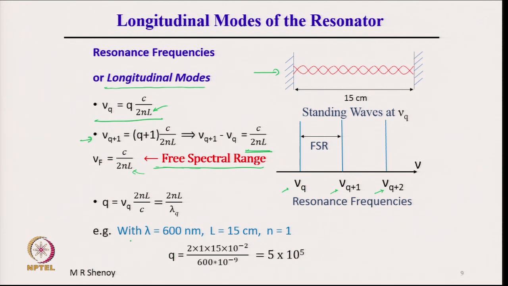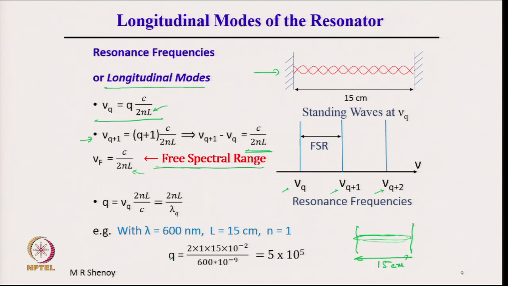Suppose we are looking at radiation of wavelength lambda equal to 600 nanometer, and you have a resonator of 15 centimeter, in which lambda at 600 nanometer is resonating, building up, or forming standing waves.